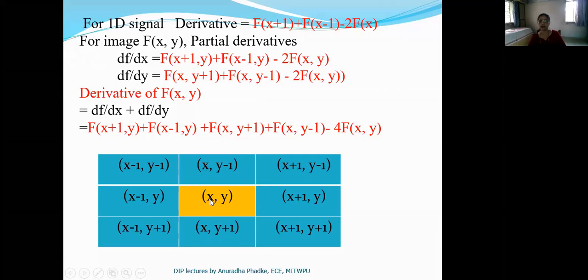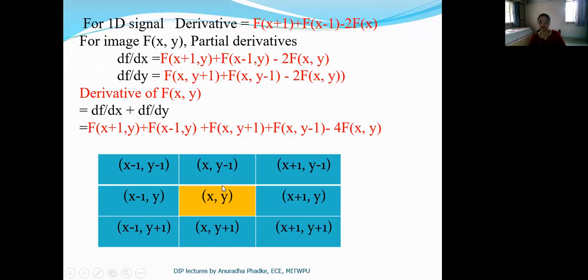So for all these 3 pixels, the column number is the same, it is x, and your row number varies. With respect to x y, this becomes row y minus 1, and this is your next pixel from the next row, that is y plus 1.